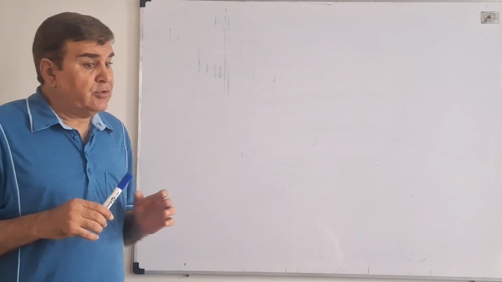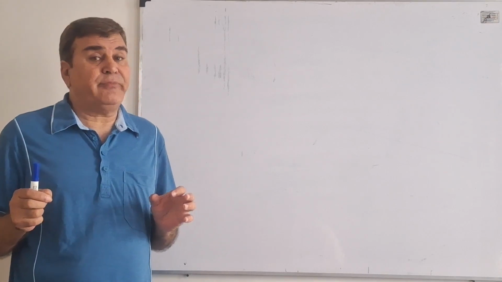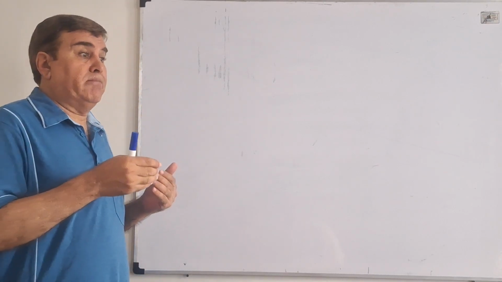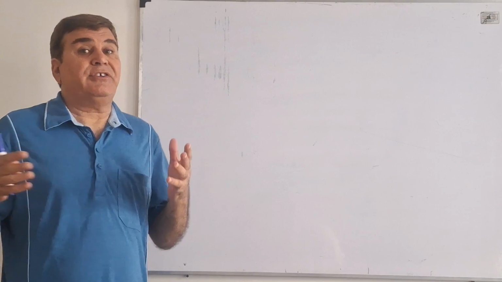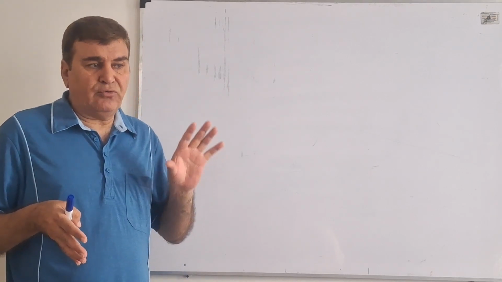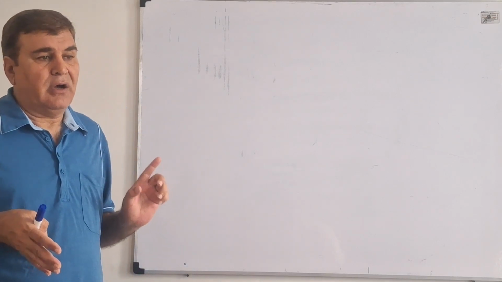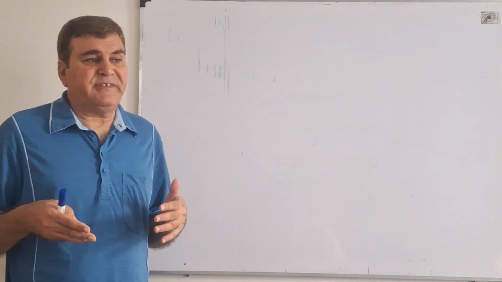So, in order to represent vectors graphically, we need to make some arrangement to fix the magnitude and the direction of vectors. So, we will understand how do we fix the direction of a vector and how do we fix the magnitude of vectors through graphical representation.